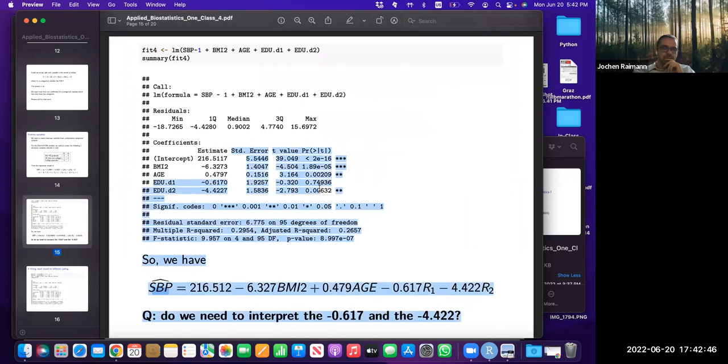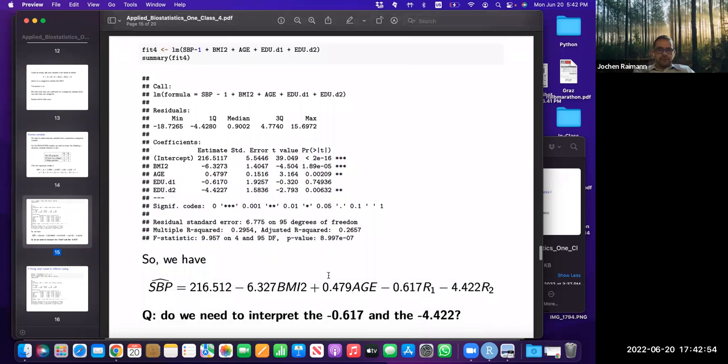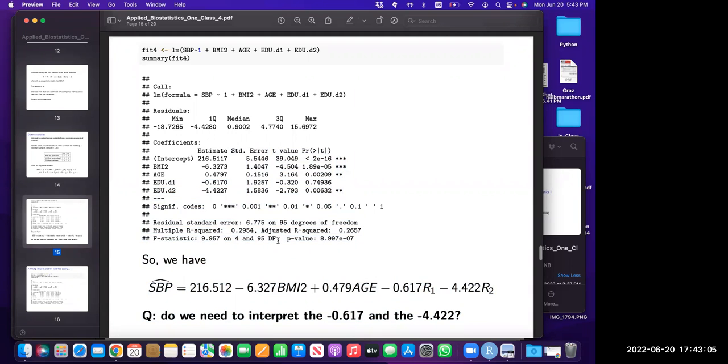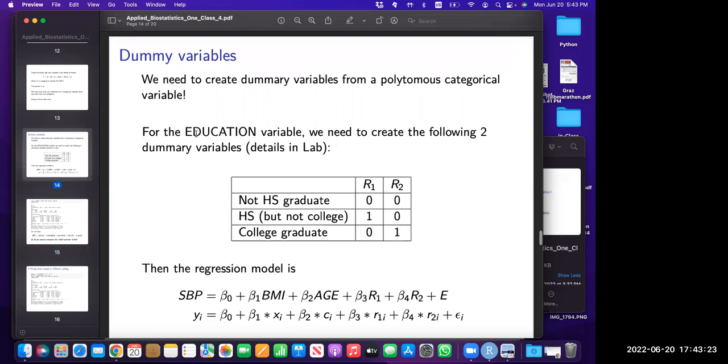So these two, negative 0.617, and why would you not interpret them? I was thinking that they're the coefficients of R1 and R2, which we just kind of put there for convention's sake. So I thought the answer was no, but please feel free to correct me.